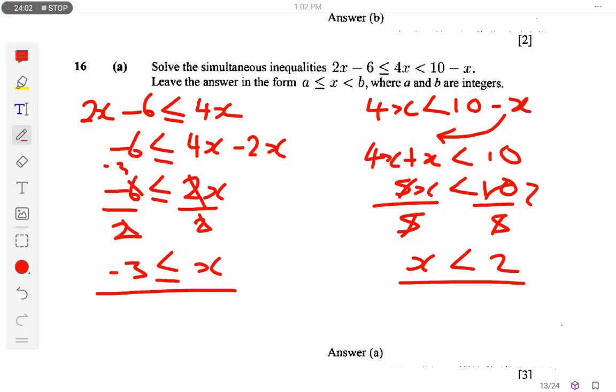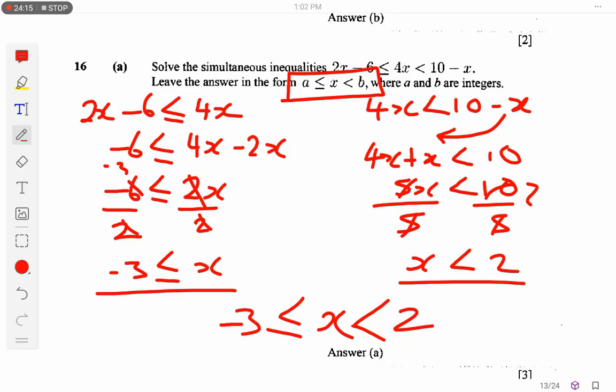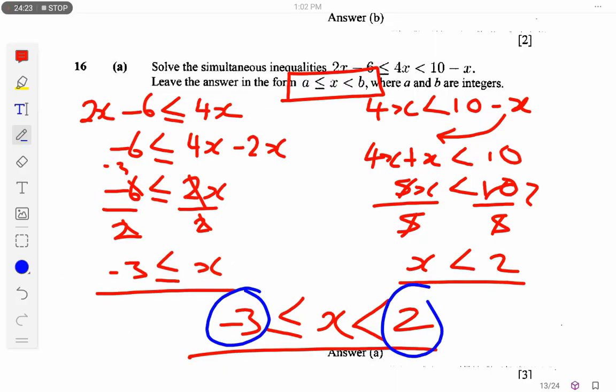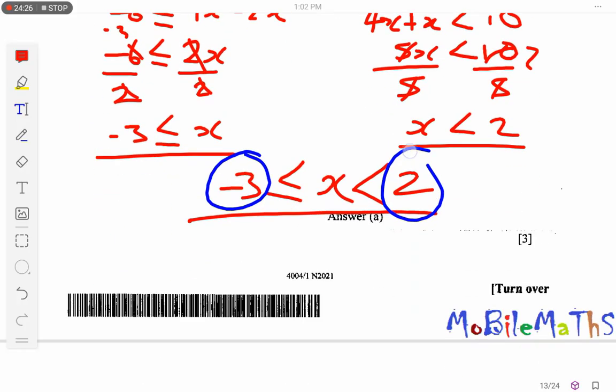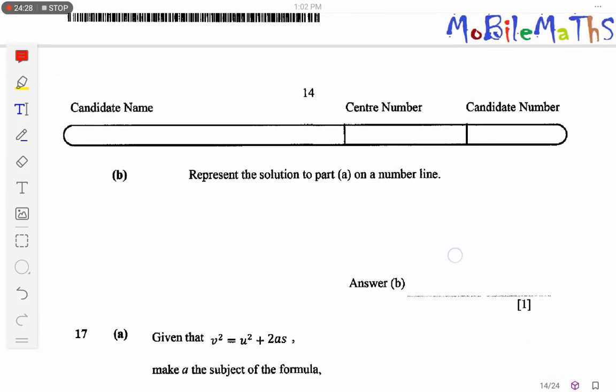So writing now in the format that they've asked us, I have my x at the center, with 2 greater and less or equal to minus 3. I have finished. If they were going to ask us the value of a and b, your a is minus 3, your b is 2. Let's move on to the next question.